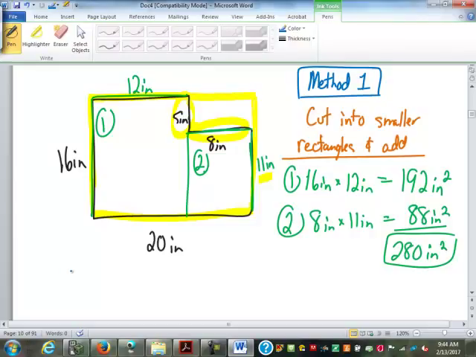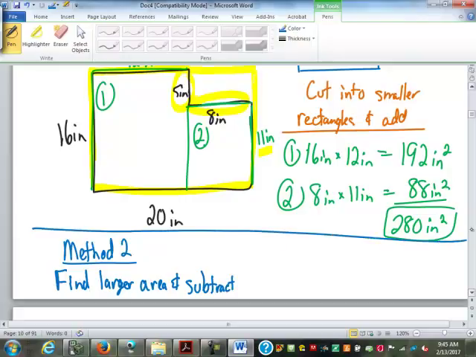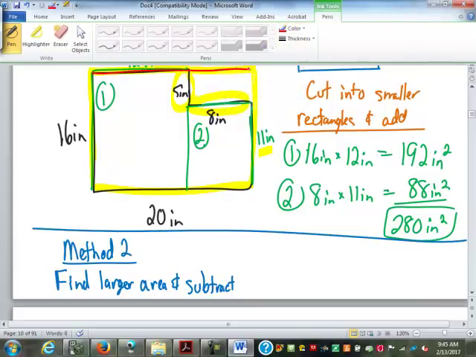The second way is to find the larger area and subtract the missing pieces. What do I mean by that? Well, I would look at this whole rectangle without the corner missing.